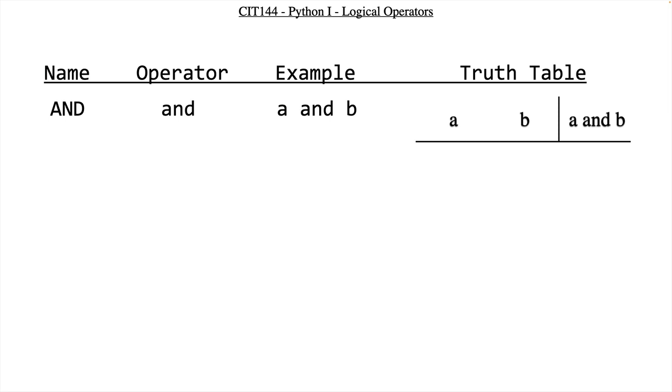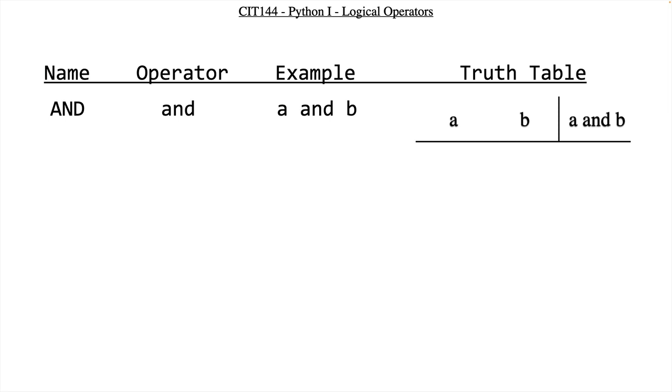In a truth table, A has a true or false value, B has a true or false value, and then I show you the result of executing A and B. The way you read the right-hand column is: A and B is true if A and B are true.